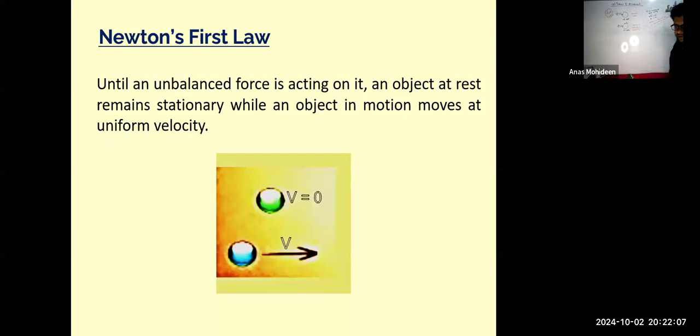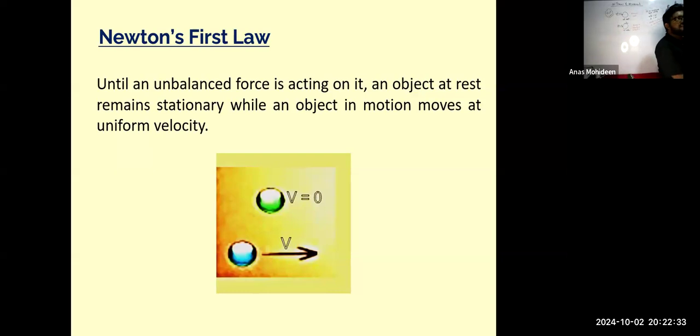Okay, let's write there. You can note it down. Until an unbalanced force is acting on it, an object at rest remains stationary.